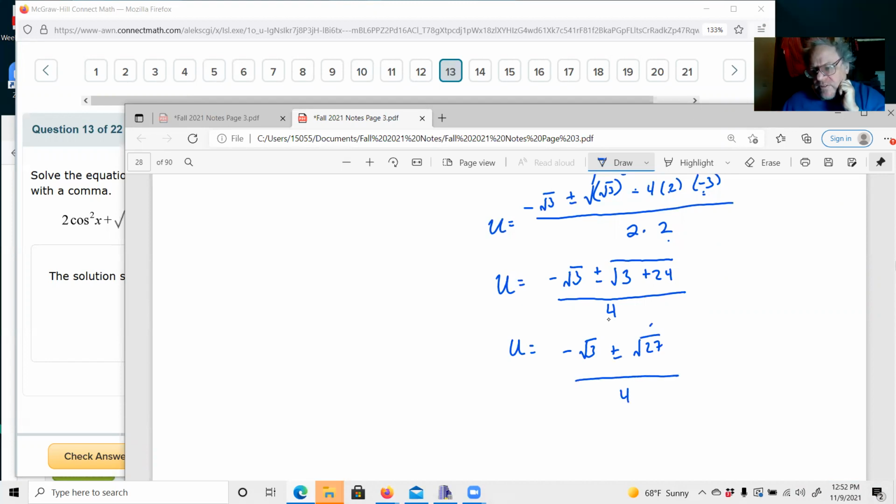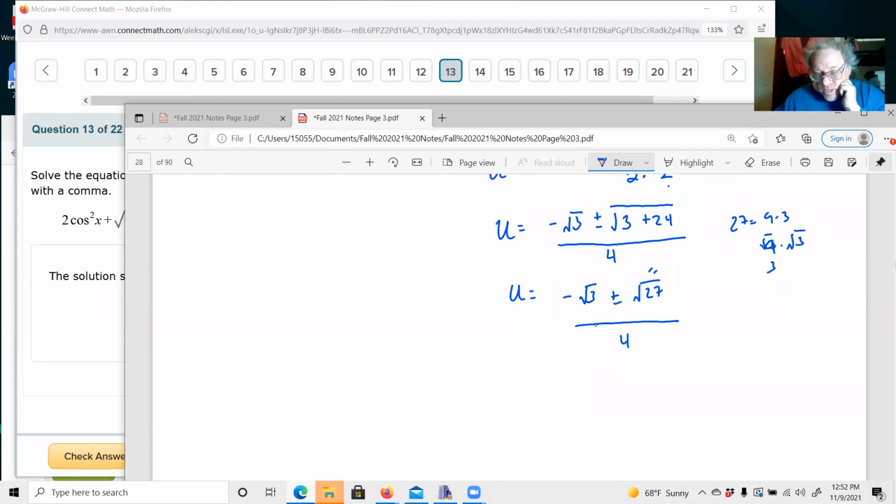Now, what's the square root of 27? 27 is equal to 9 times 3. If I want square root of 27, we have square root of 9 times the square root of 3. What's the square root of 9? That's 3. So we have u is equal to negative root 3 plus or minus 3 root 3 all over 4.